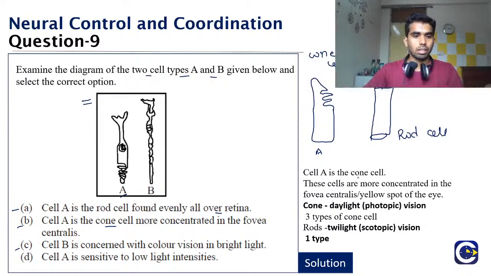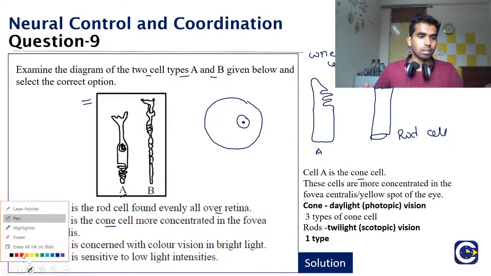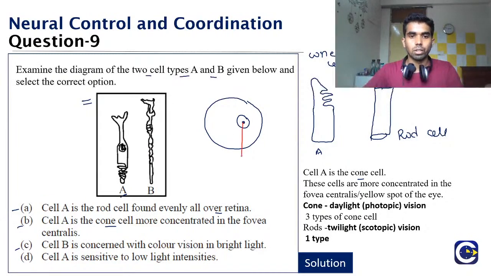So yes, cell A is a cone cell, and it is concentrated in which region? In the eye, this is the retina. In that retina there is a specialized region known as the macula, and in the macula there is a depression, known as the fovea centralis. In this region maximum cones are concentrated. So the correct answer is option B.